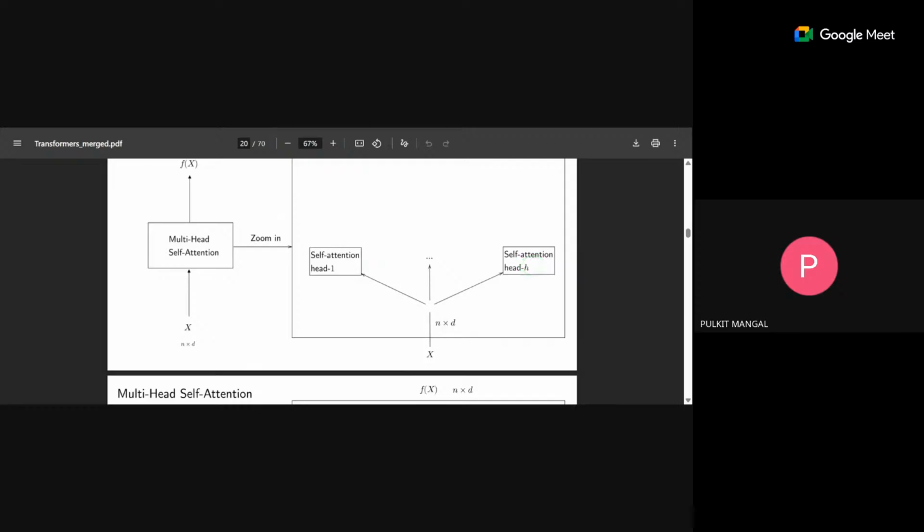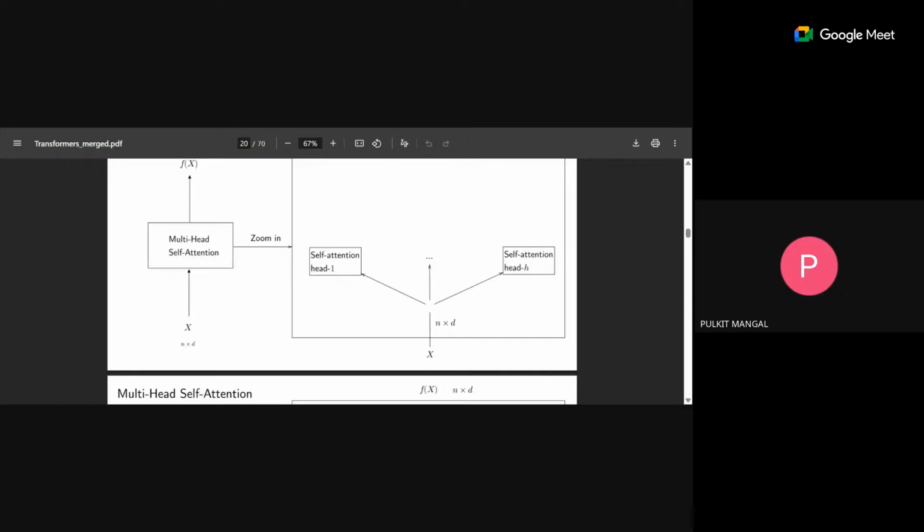What they did in the original paper is, suppose your embedding dimension d is 256, and you are using 8 attention heads. So you have 8 heads here. The output dimension for each of these attention heads would be 256 by 8.